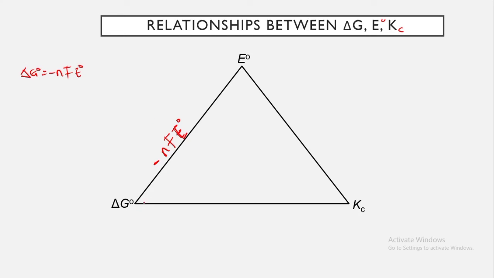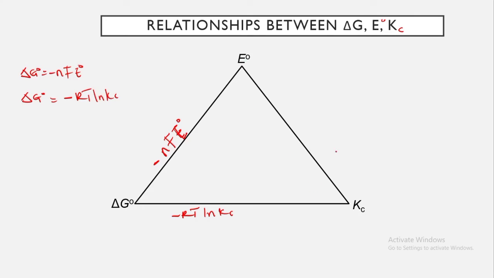And then let's look at what equation will relate this to that. We also established that G naught is equal to negative RT ln Kc. And what about the E naught and the Kc?